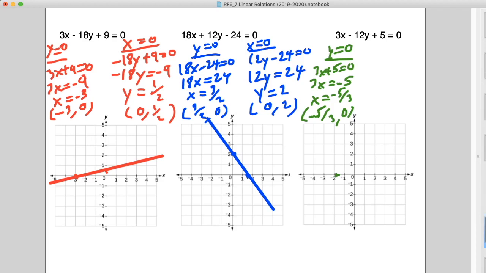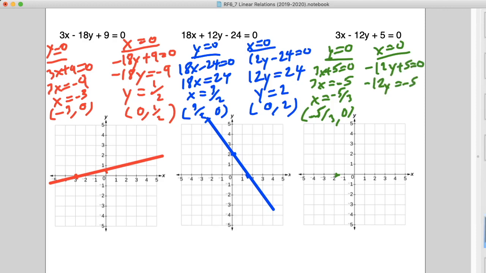And we'll have x is equal to 0. So that means that my entire first term disappears. Negative 12y plus 5 is equal to 0. I'm going to subtract 5 from both sides, so negative 12y is equal to negative 5.